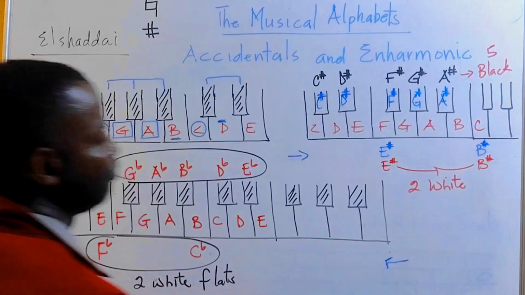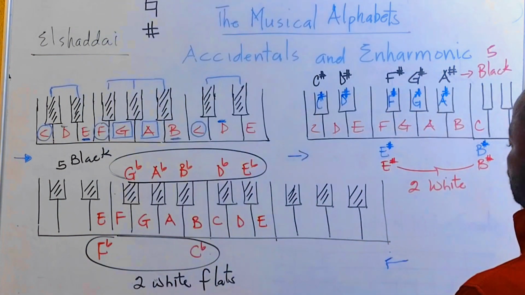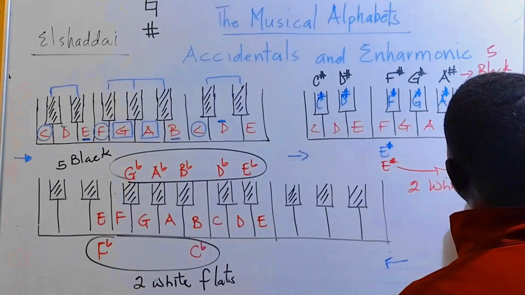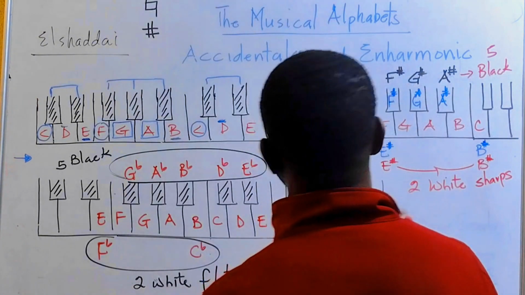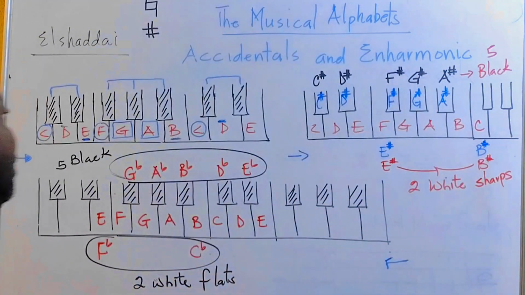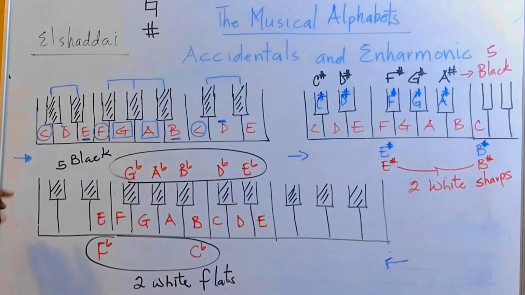So that's that. We have 5 black sharps and 2 white sharps. And we also have 5 black flats and 2 white flats. Please write it out.